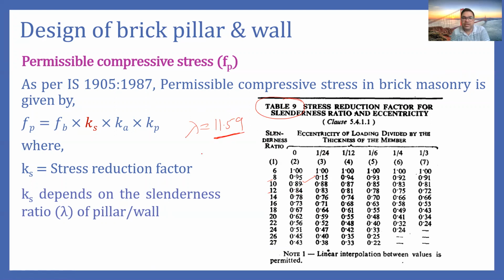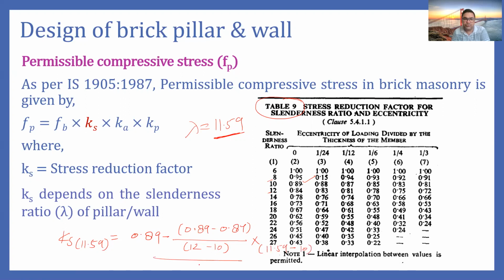So we have to do the interpolation. Ks for lambda 11.59 will be 0.89 minus the difference of 0.89 minus 0.84 divided by the difference of 12 minus 10, multiplied by the required value 11.59 minus 10.